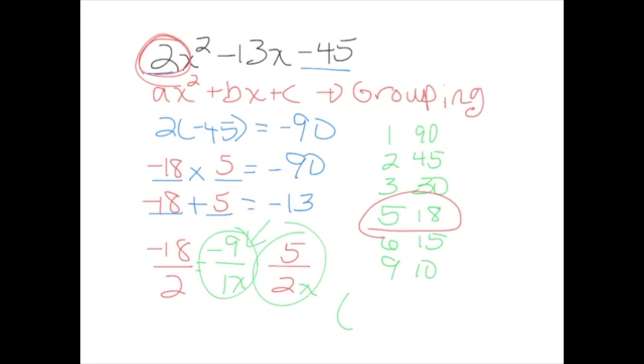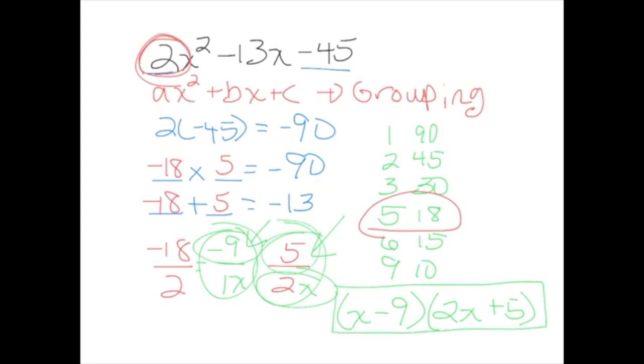From this first one we have a positive 1x, or just x, minus 9. And from the second fraction we get 2x plus 5, plus because 5 is positive there, and that's the factored polynomial. Let's do a second example.